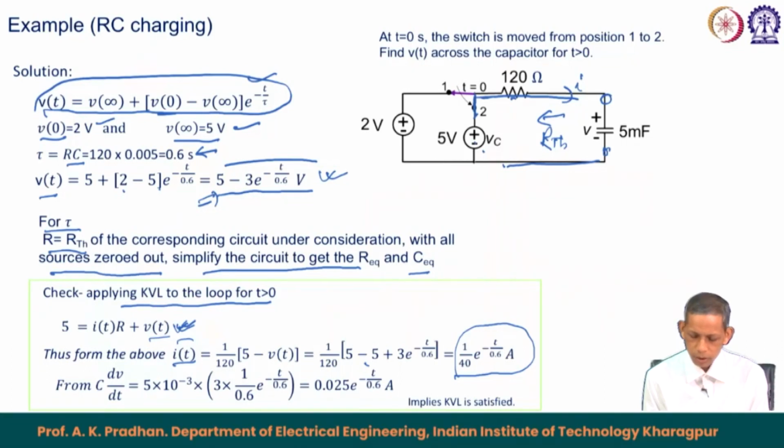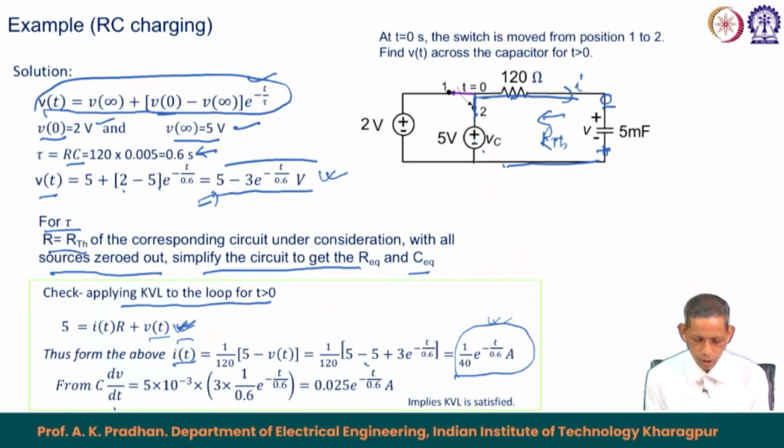Also from the relation I equals C dV by dt, which is the basic relation for the capacitor, after applying KVL we get this current relation. So I equals C dV by dt.